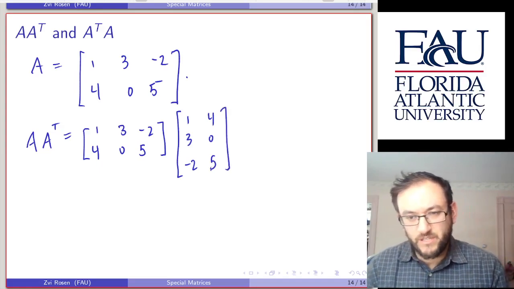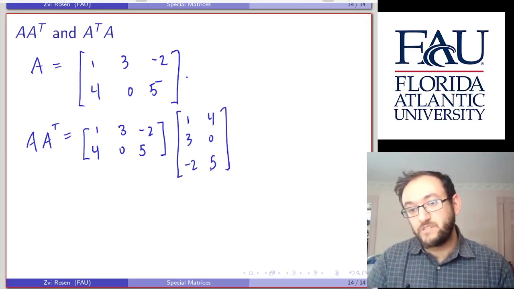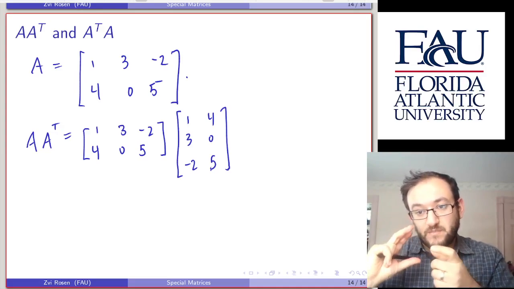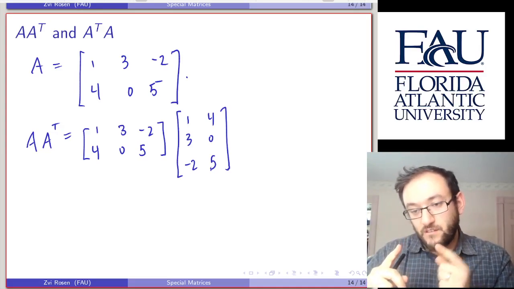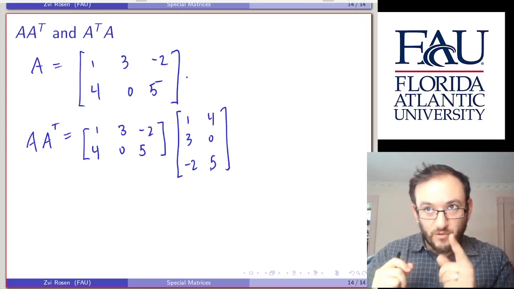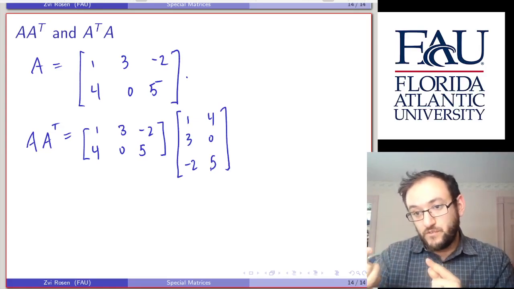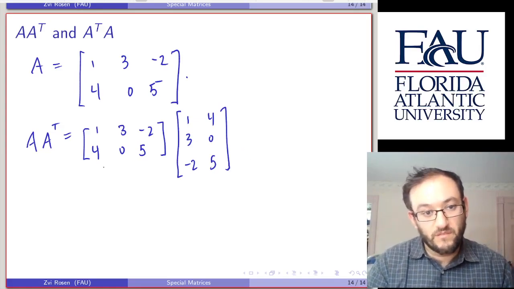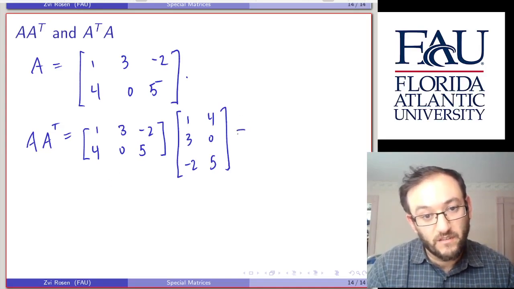Note that you're never going to run into problems with the sizes of the matrices, because when you take the transpose, the first coordinate of the matrix is equal to the second coordinate of the transpose. So the multiplication is well defined.